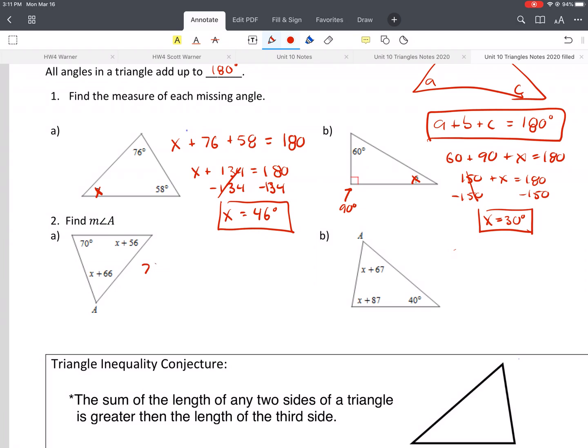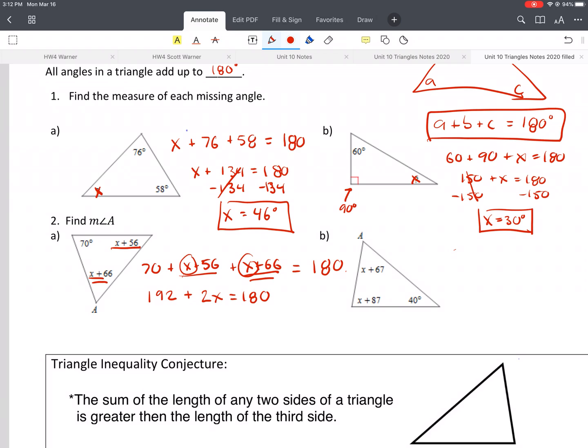Here we'd have 70 plus x plus 56 as our first angle, then plus x plus 66 as our third angle, and that all adds up to 180. Like with the others, we combine like terms first. 70 plus 56 plus 66 gives you 192, plus we have x and an x, which gives us 2x, equals 180.